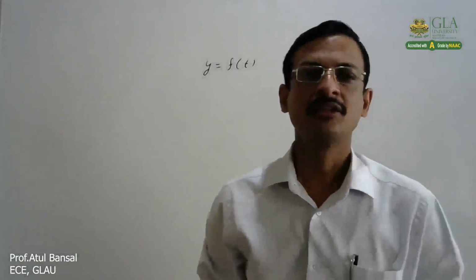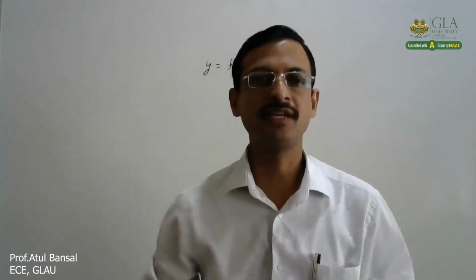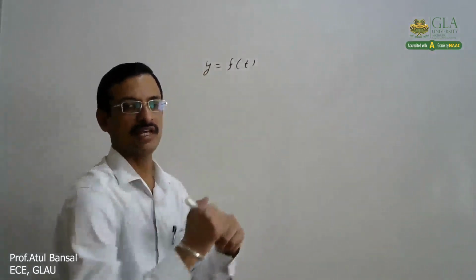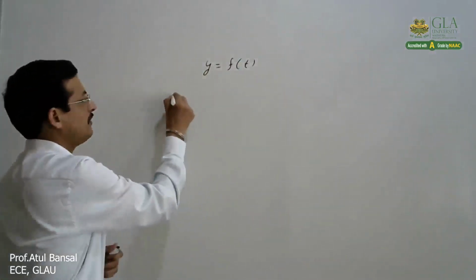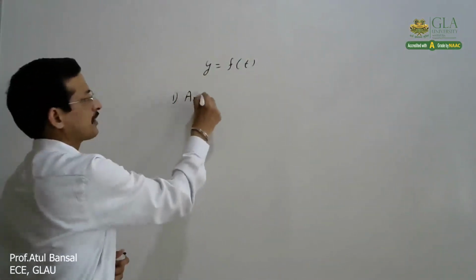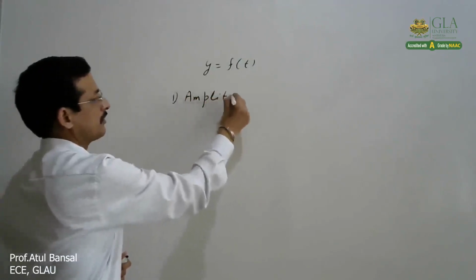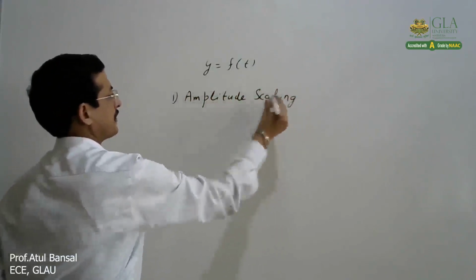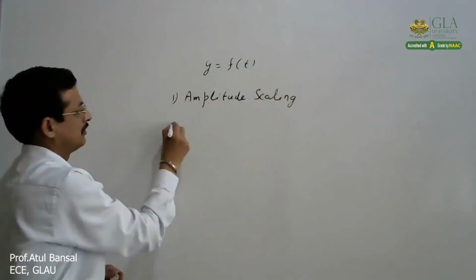Sometimes in certain books it is said that transformation of dependent variable is how the amplitude of any signal gets affected. So that is another way of calling that. There are again three types of transformations in this. Number one, amplitude scaling.